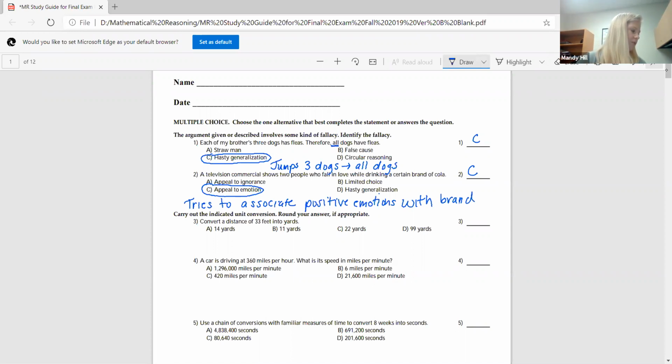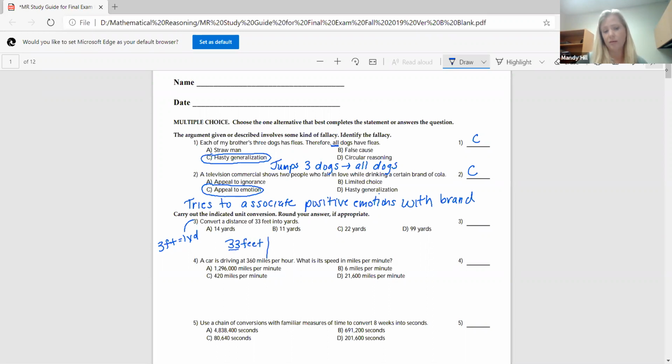Okay, number 3, convert a distance of 33 feet into yards. Okay, well, we need some kind of conversion that relates yards to feet. And what we know is that there are 3 feet in 1 yard. And so we start out with 33 feet.